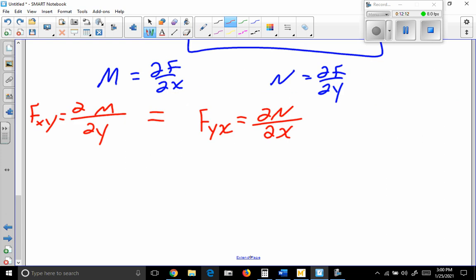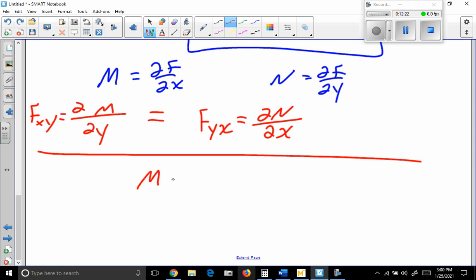Well, what was the value of knowing if we have the total differential? If indeed we have the total differential, if we know that m equals the partial of f with respect to x, so m is our function that we're looking for.